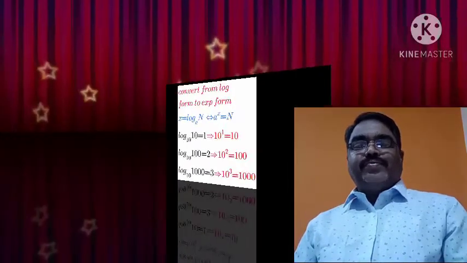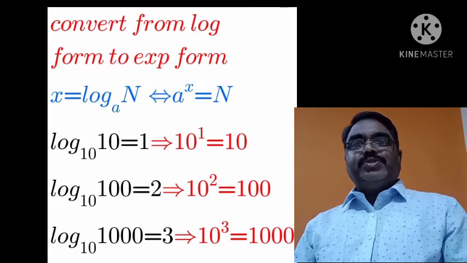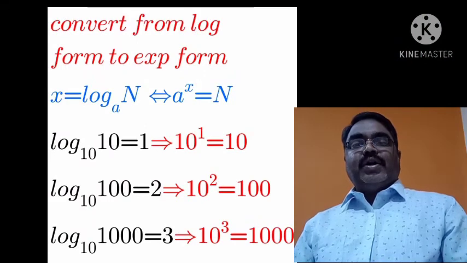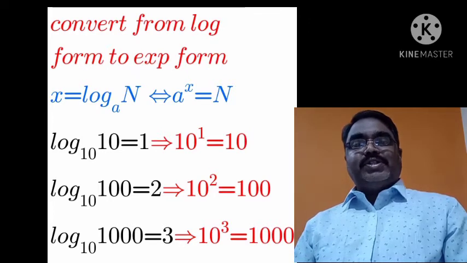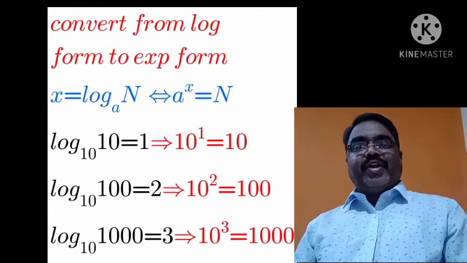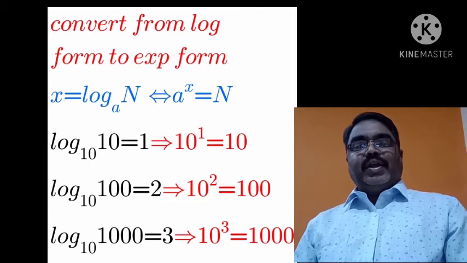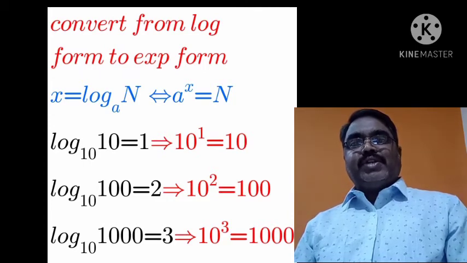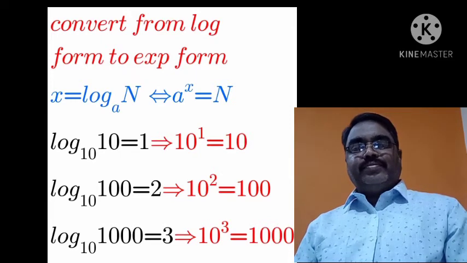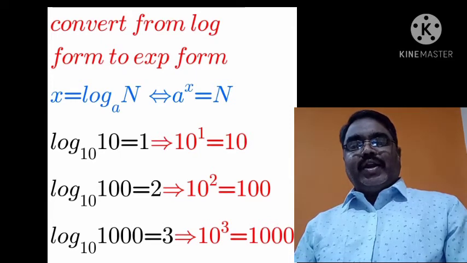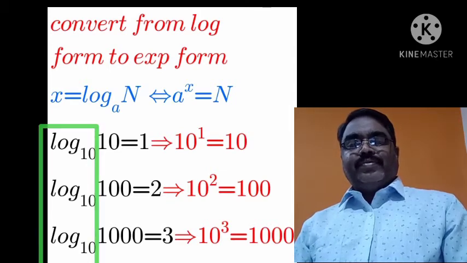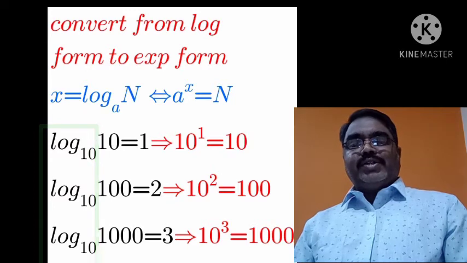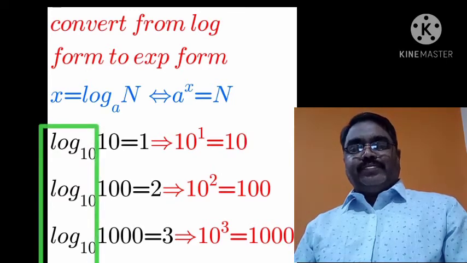And one more result you observe here: logarithm of different numbers to the same base is also different. Here in the three examples of logarithmic forms, the base is taken as 10, but the numbers taken in place of n are 10, 100 and 1000, which give the results 1, 2 and 3.